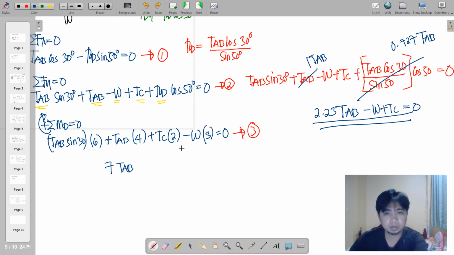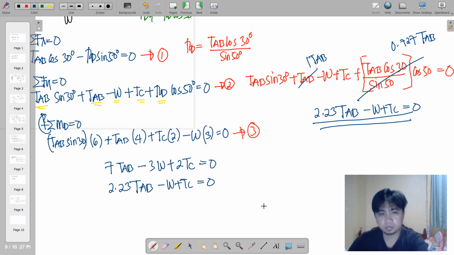So we write W here next to TAB, and then plus 2 TC is equal to 0. So we have the same sequence of arrangement among the variables here. Now we can use the elimination method.